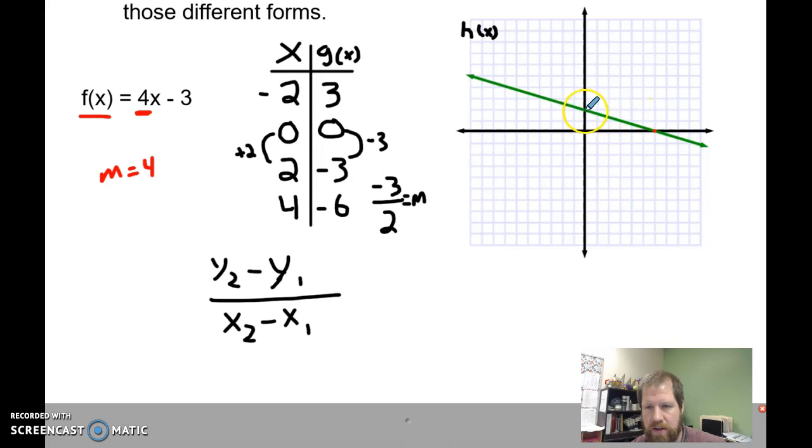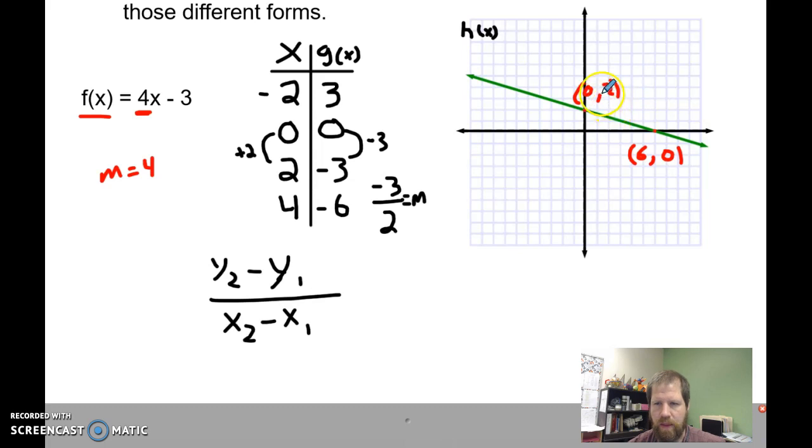Well, I can see it intersects right here. Anyway, we'll use these two. I've got a point at 6, 0, and a point at 0, 2.